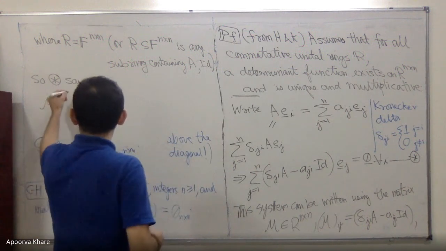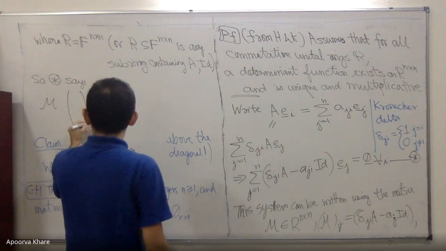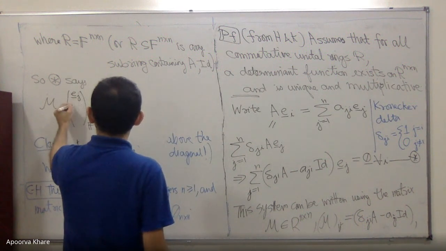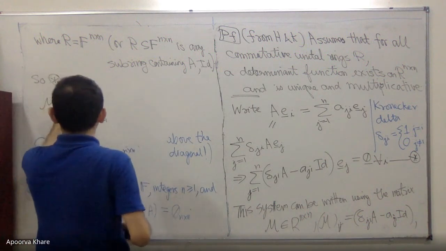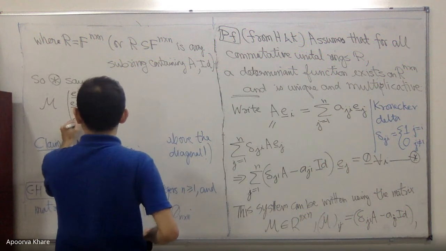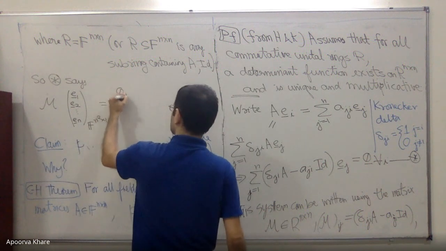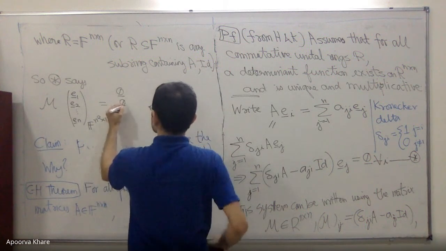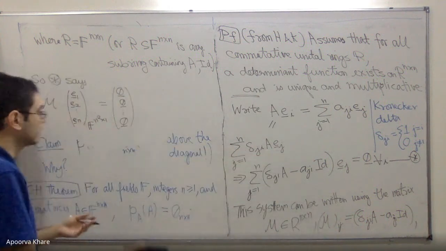I'm just saying star is M. Each entry acts on a vector in F to the n. This is F to the n square times 1. Ej, so E1, E2, En. So this gives you actually 0, 0, 0. This gives you 0 in F to the n, 0 in F to the n, 0 in F to the n. That's what the system is saying, that you're always getting 0.